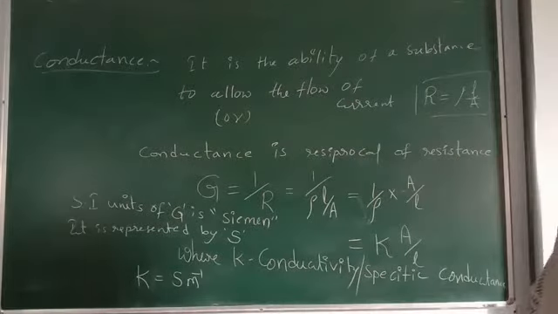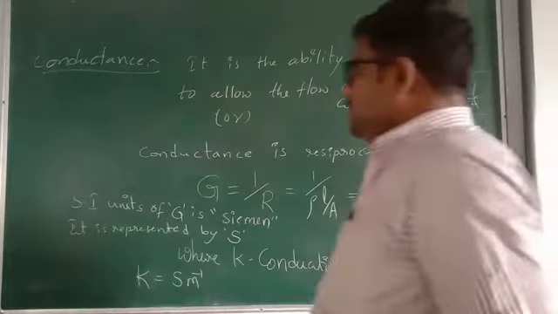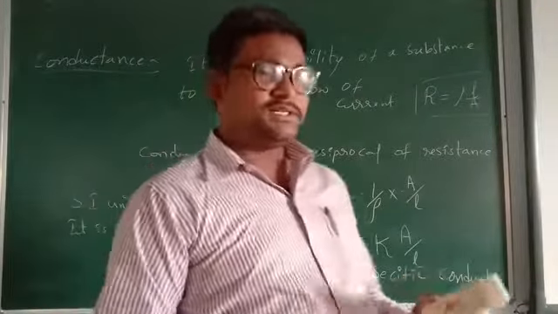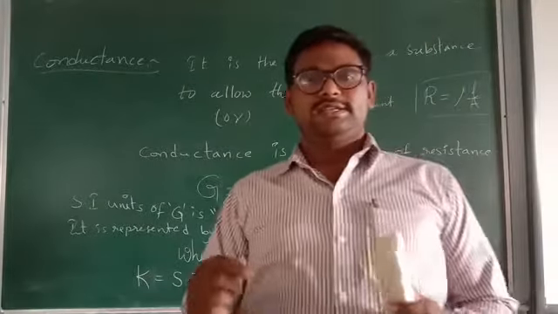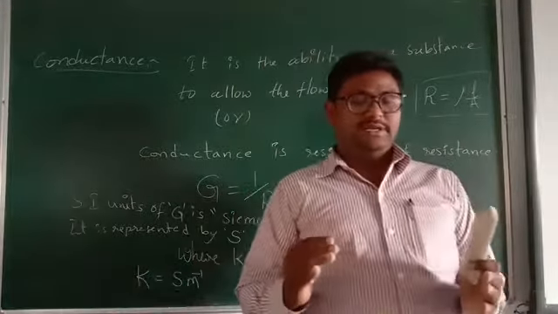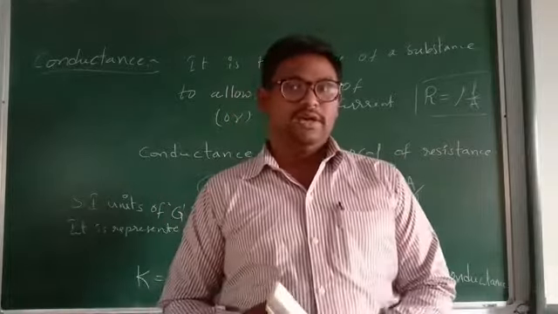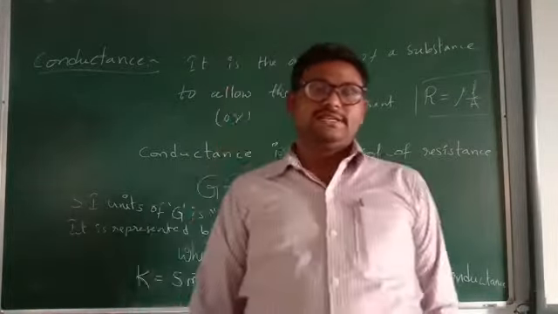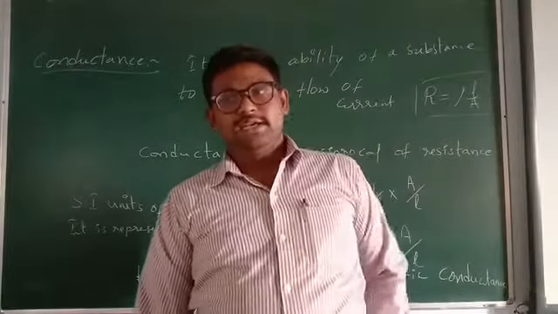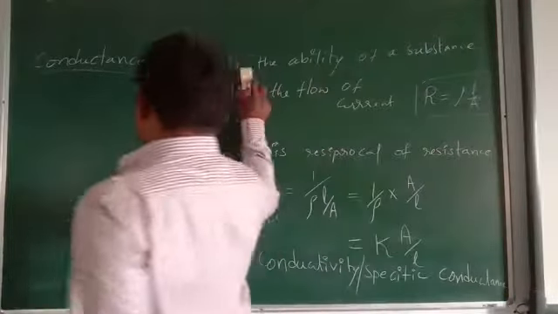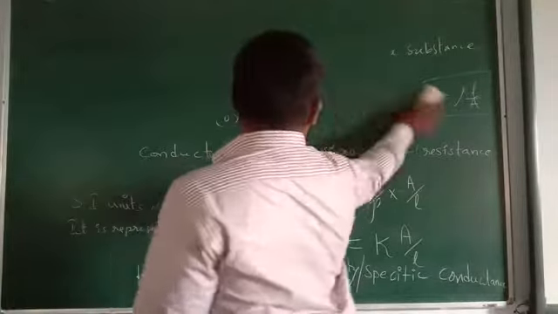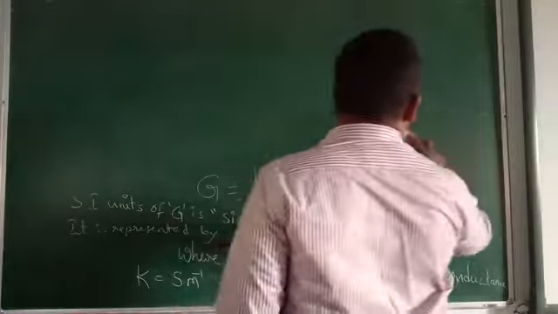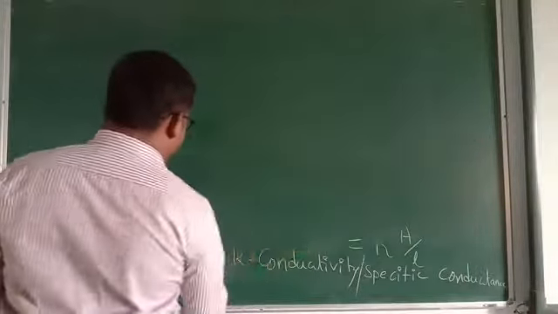Now let us talk about which element conducts more electricity, or has high conductance. It is silver. Silver is a good conductor of electricity, whereas metals like iron and copper are also good conductors, and aluminum is also a good conductor.